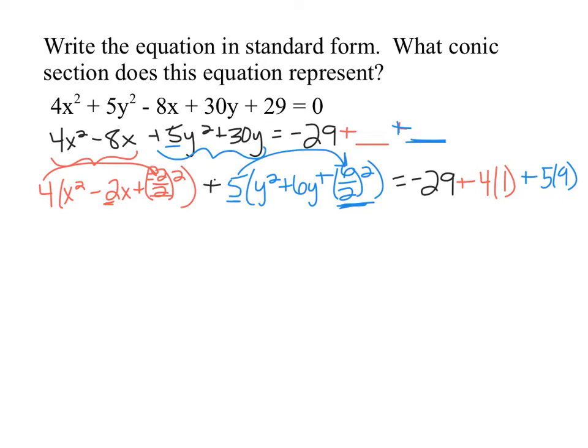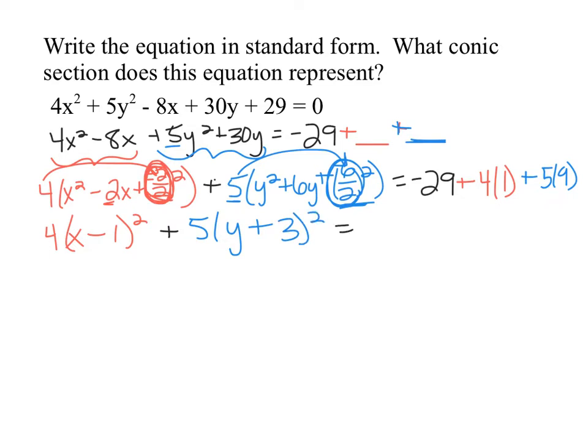Okay, so then we have to get this into factored form. So we have 4 times x minus, now remember, we get whatever we're adding or subtracting here from our b over 2. So this is going to be minus 1 squared plus 5 times y plus 3 squared, and then equals negative 29 plus 4 plus 45.